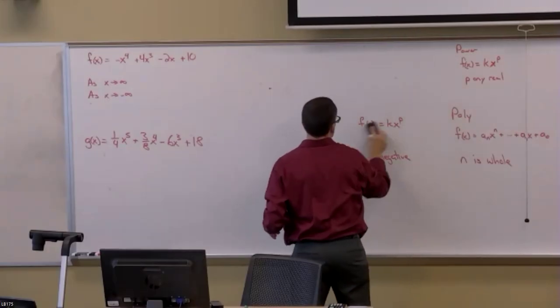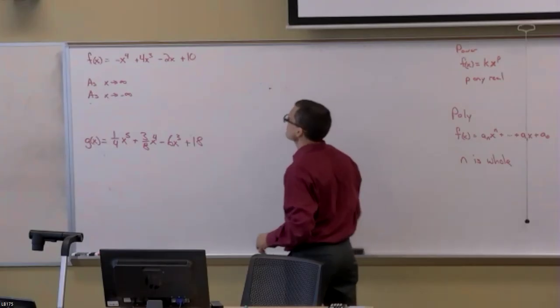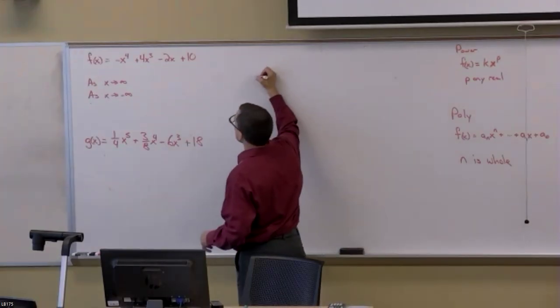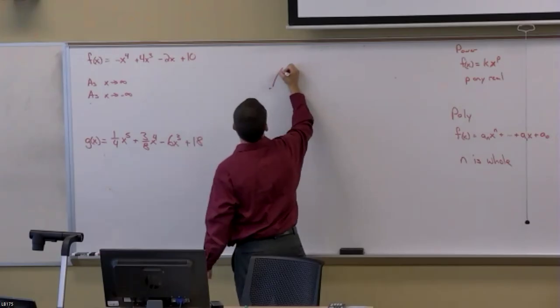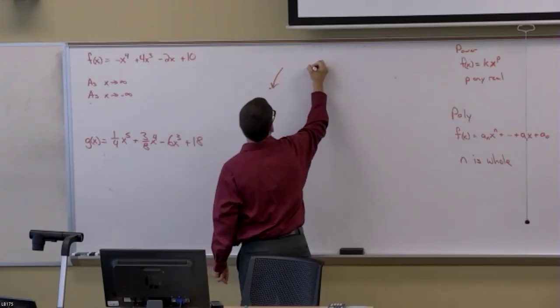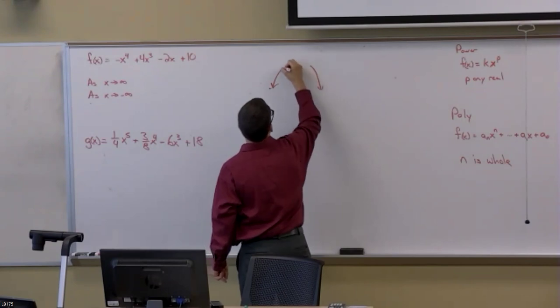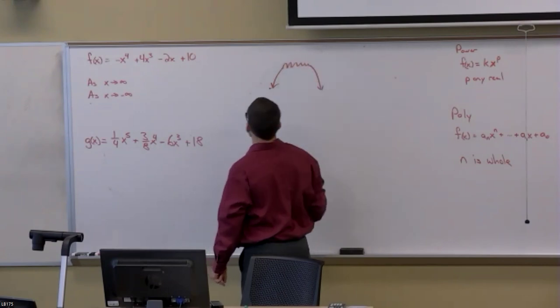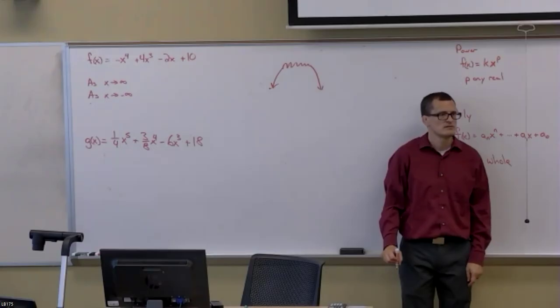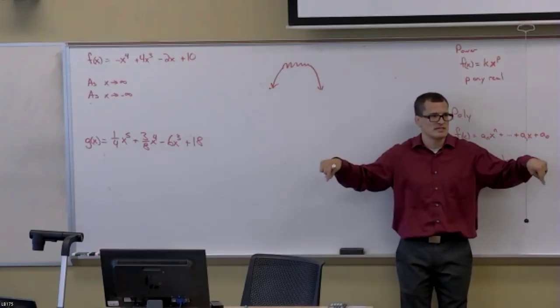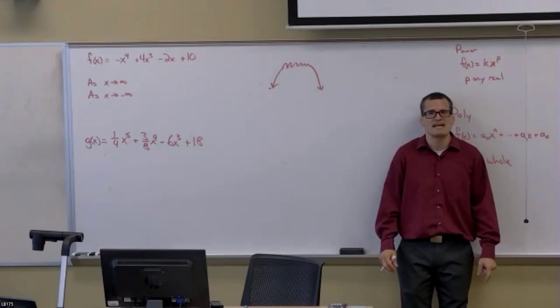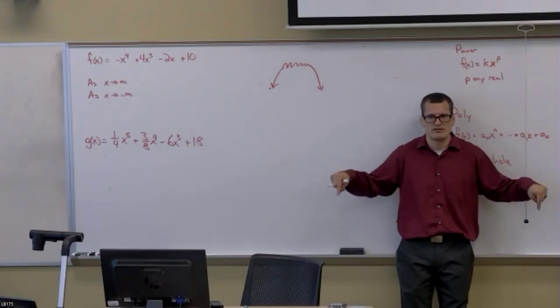For the reasons we talked about, what's going to happen is this shape for f is going to look like, there might be some weird stuff in the middle, who knows? But at the end, it's going to point down in both directions because negative x to the 4th points down in both directions.